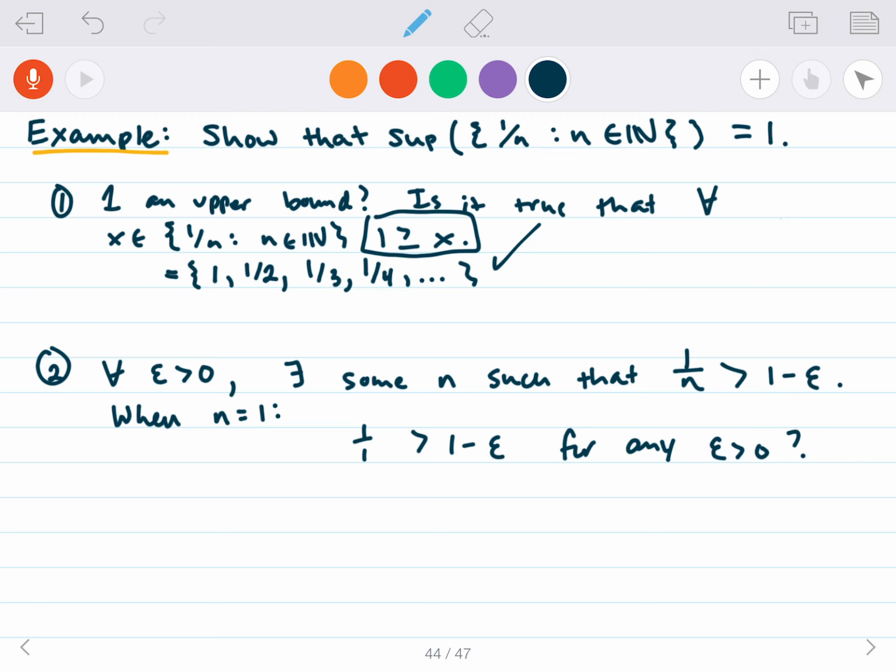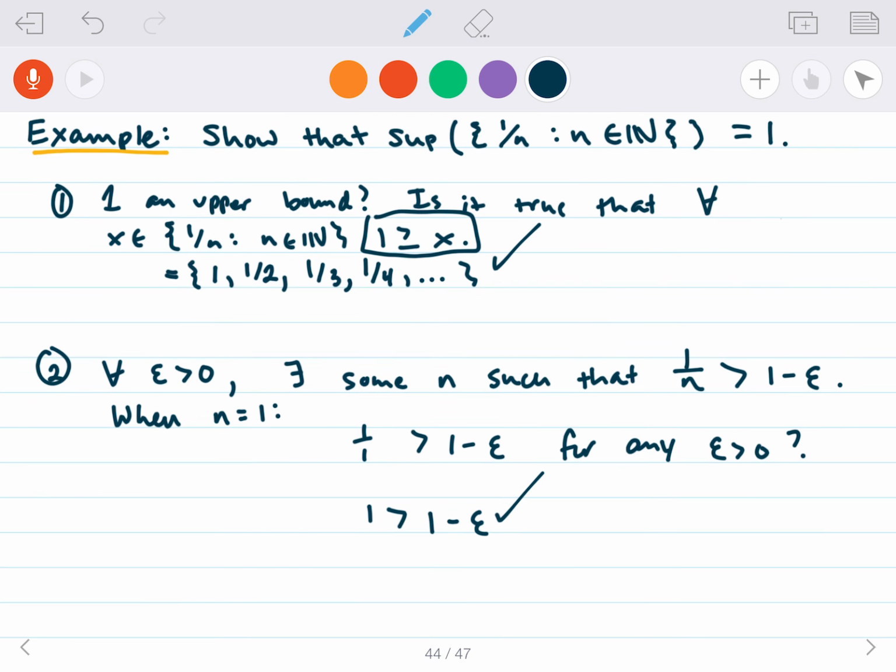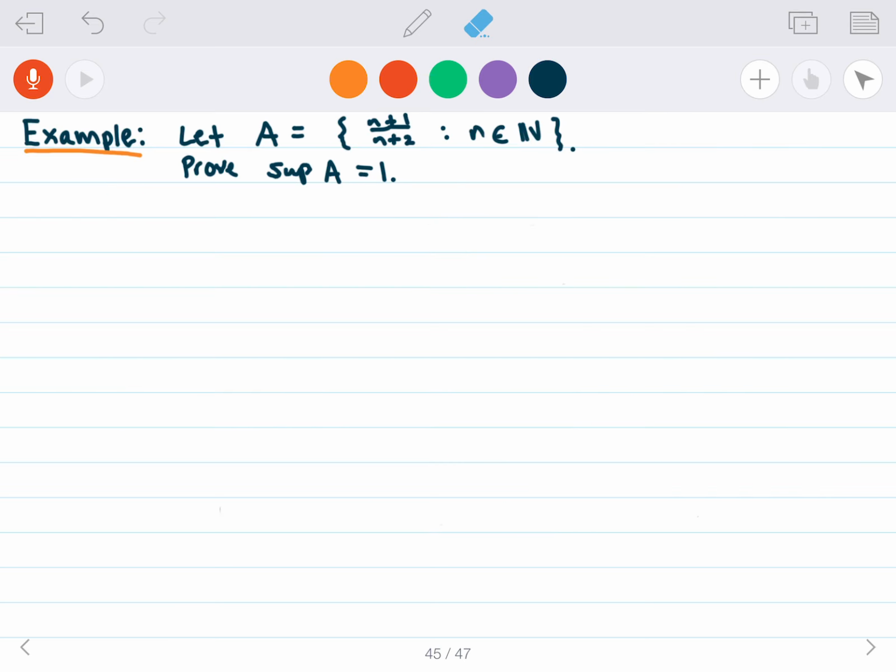Well, yeah, that's always true. We have 1 is always greater than 1 minus epsilon for any epsilon bigger than 0. And so this holds true because of this inequality. Alright, so the supremum of this set is 1, and as we mentioned earlier, the infimum of that set is 0.